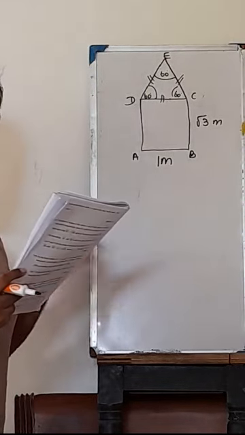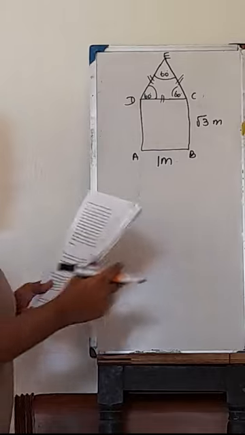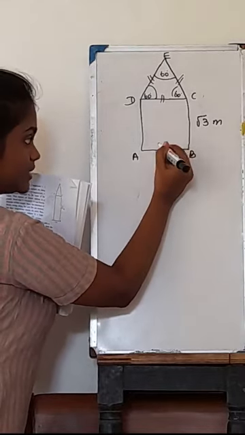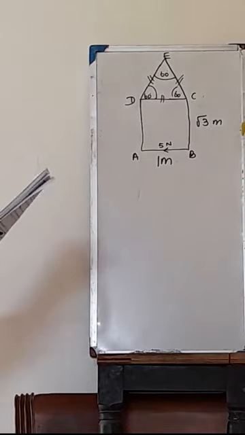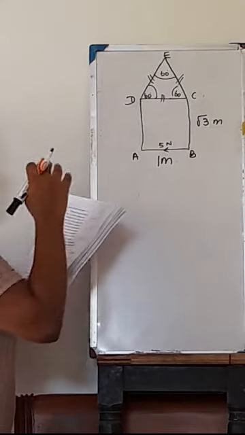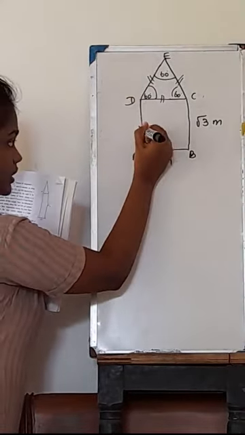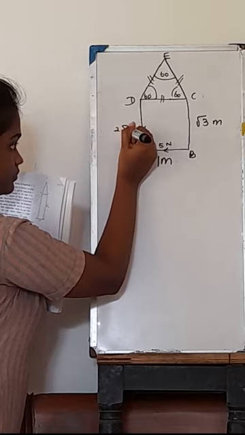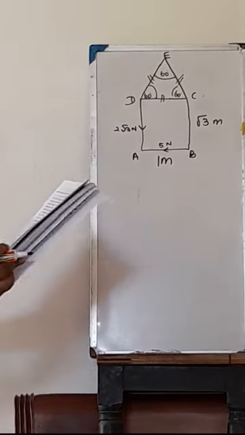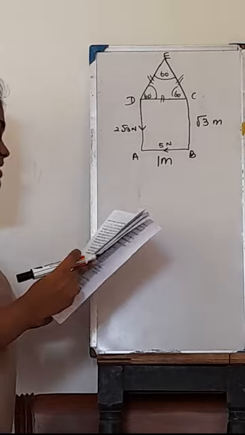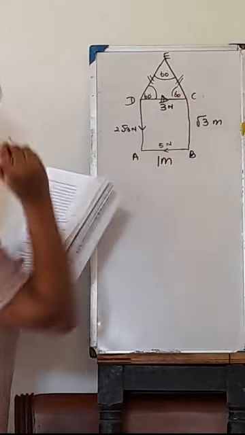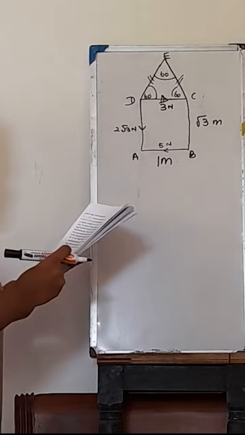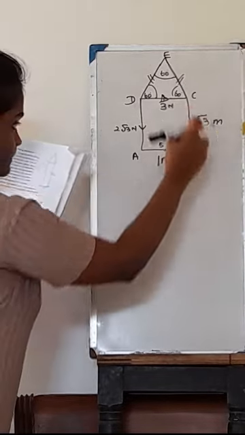Forces of magnitude 5 act along BA. So we mark that also. 5 newtons act along BA. 2 root 3 newtons act along DA. 3 newtons act along DC. 4 root 3 newtons act along CB.